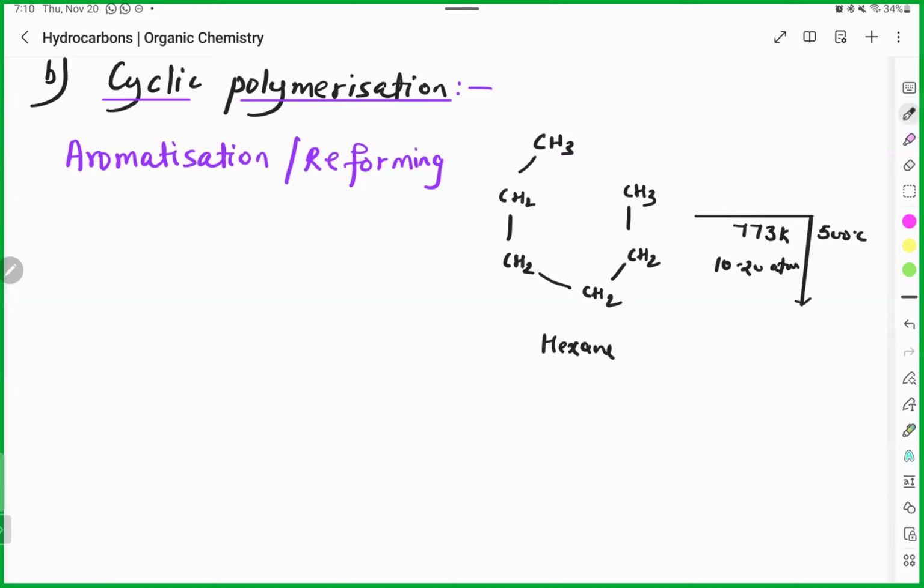So what will happen? You can take any oxide, molybdenum oxide or vanadium oxide or chromium oxide. This will form a benzene ring. And this reaction is very special, aromatization or reforming.